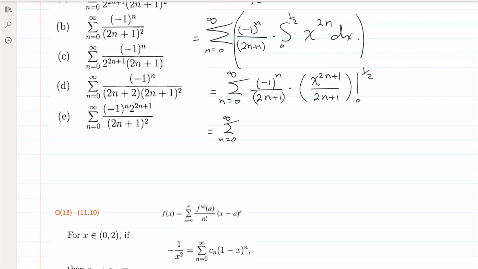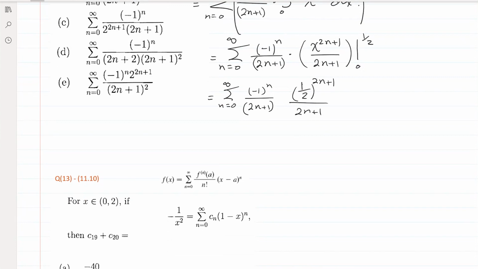So it will be minus 1 power n over 2n plus 1, and then half to the power 2n plus 1 over 2n plus 1. Okay, let's think how to simplify it, because there is a common term.